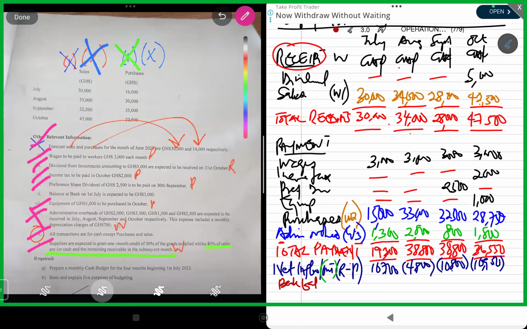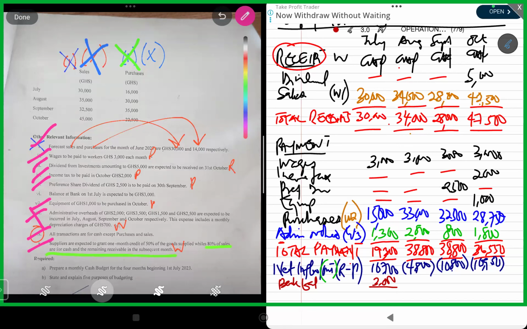The bank balance is 3,000. Which month? July. So where would we record it? Under July. Bank balance is 3,000. I'll record it 3,000 in July.